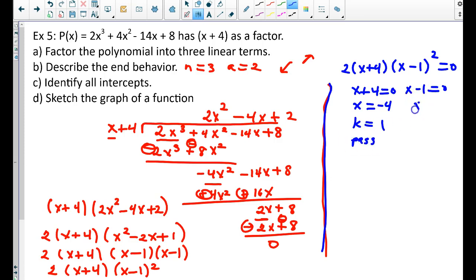The other intercept is 1, but its multiplicity is 2, meaning that it's going to bounce off of the graph, or we say it kisses the x-axis.